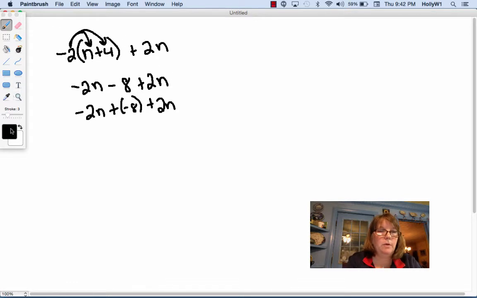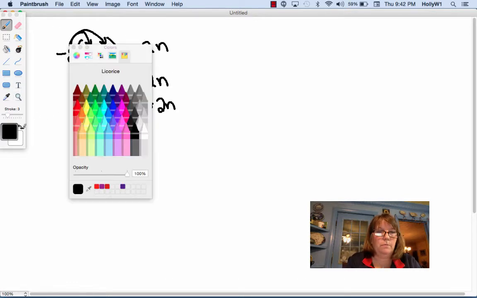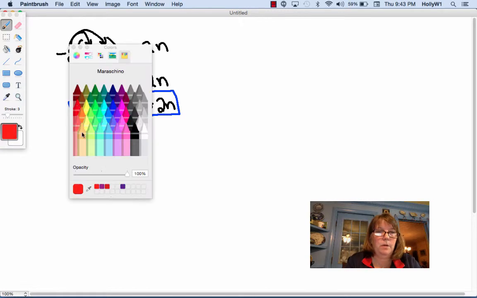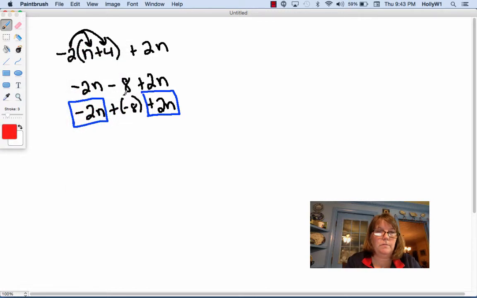Okay, so now we're going to identify like terms. We're going to put in blue the n's. So we have a negative 2n and 2n. And then we're going to go identify what all the constants are. The constant is negative 8.